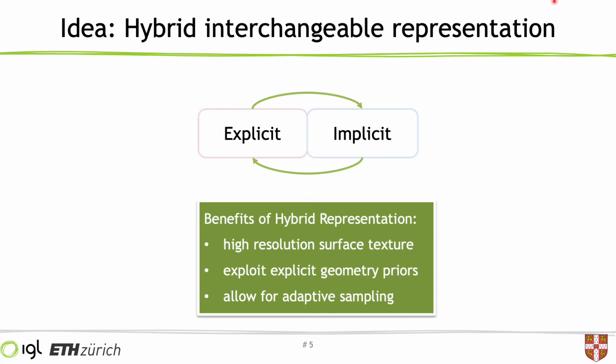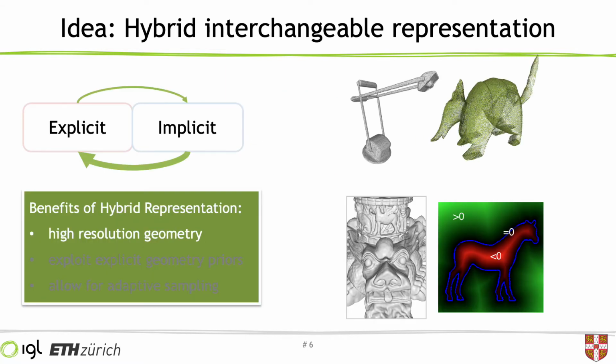In this work, we propose to alleviate these problems by introducing a hybrid neural surface representation using the implicit and explicit representations interchangeably. On the one hand, we still have high resolution and topology flexibility thanks to the implicit representation.